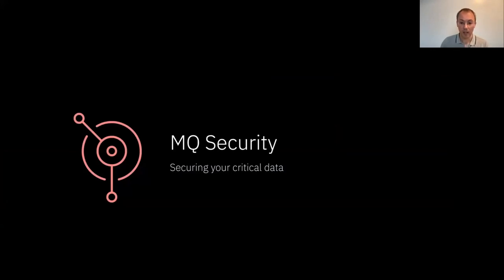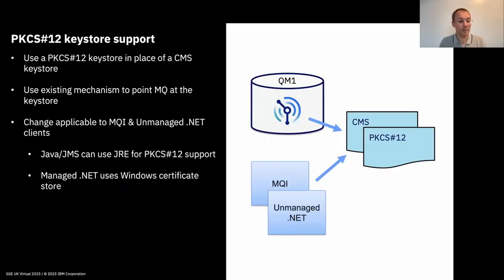So if we now look at some security enhancements that we've been making. On the z/OS platform, MQ uses RACF to provide support for certificates. On the other platforms, we've used a kind of proprietary format for the key repositories where the certificates are stored.